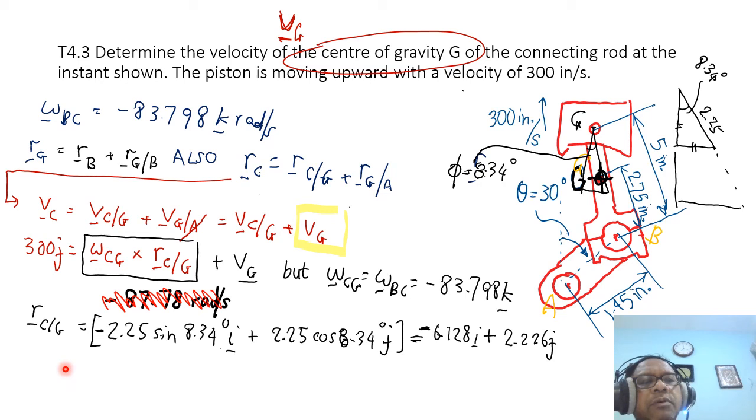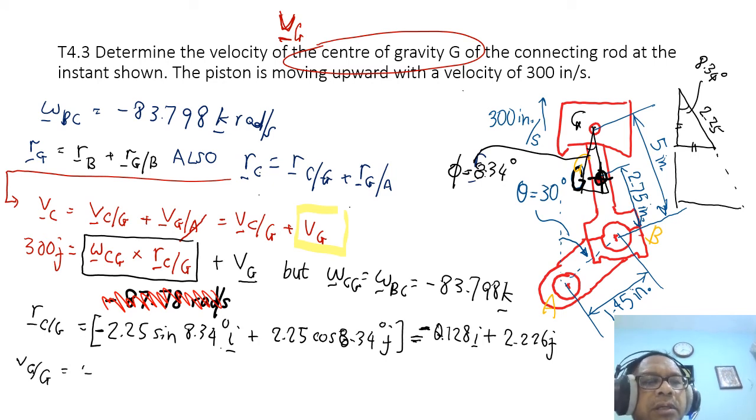So our position vector of C relative to G is minus 0.328 I plus 2.226 J. So we can find the relative velocity of C relative to G, which equals omega CG.